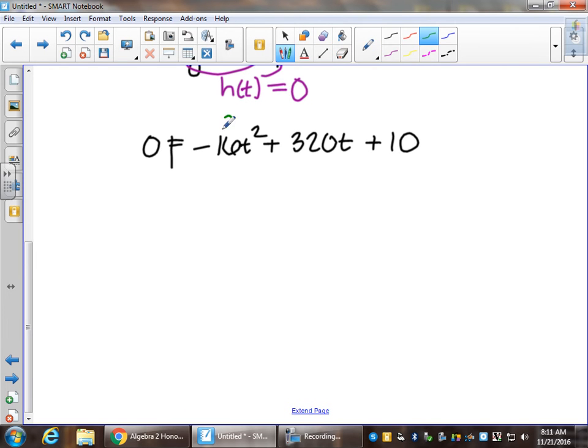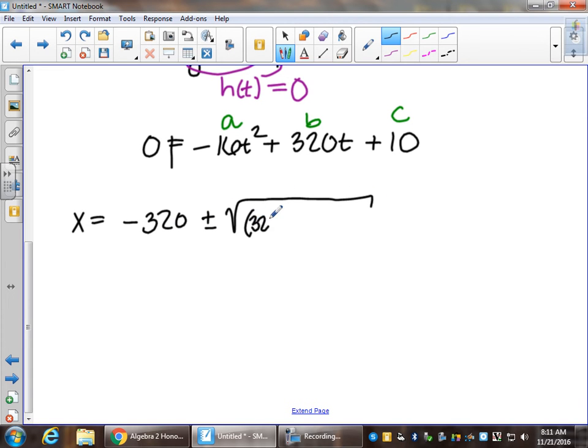So we've got A, B, and C. Quadratic formula, negative b plus or minus the square root of b squared minus 4ac, all divided by 2a.